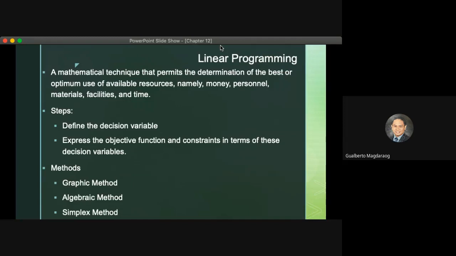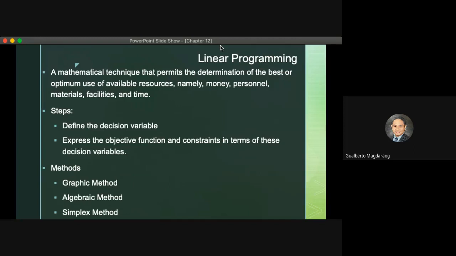Okay, paano siya gamitin? Here are the steps. Define first the decision variable. What do you want it to do? Whether to maximize it or to minimize the use of it. Dalawa lang naman, maximize or minimize. And then express the objective function and constraints in terms of these decision variables. Say you wanted to maximize profit, then you have to express an objective function on how to be able to get the maximum profit.